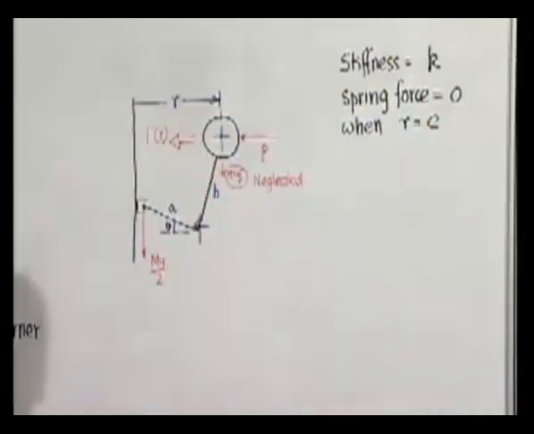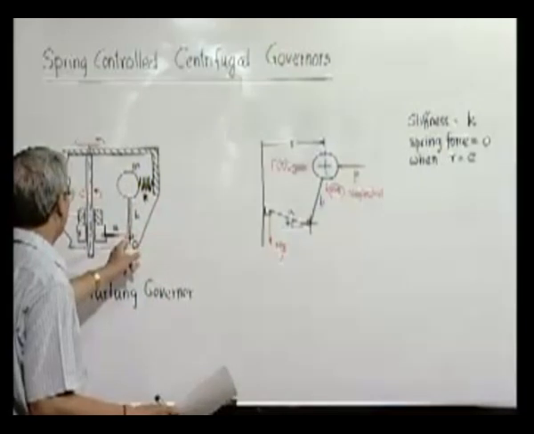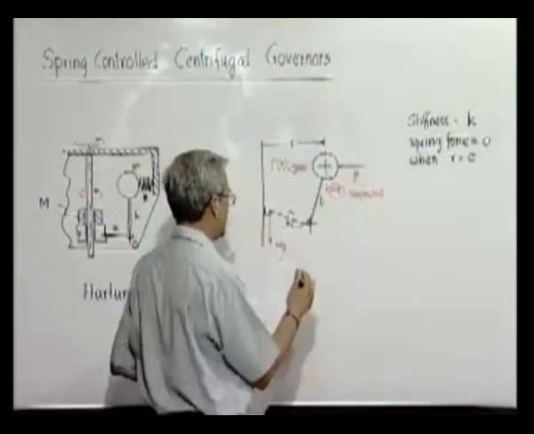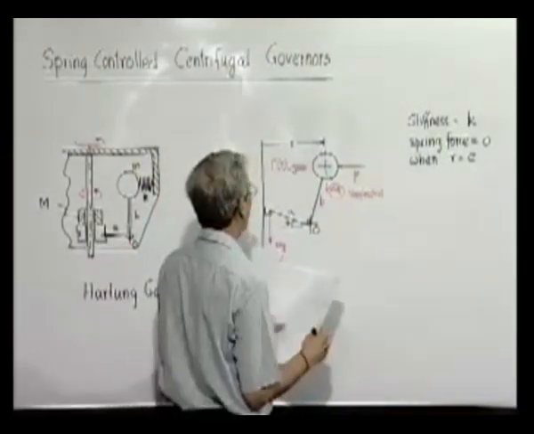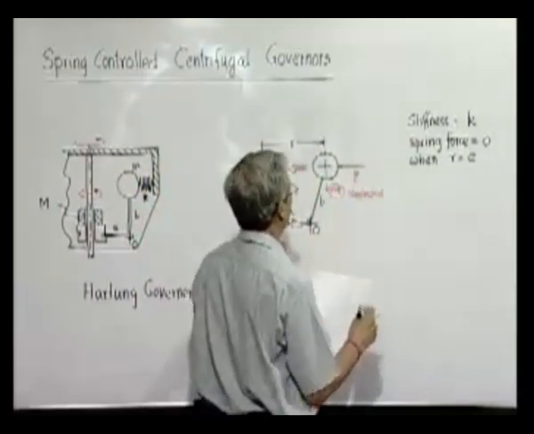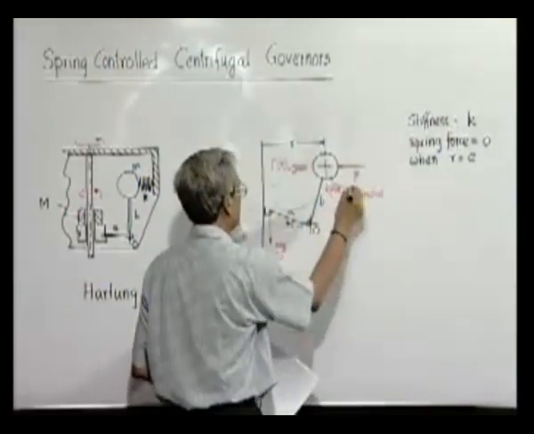That means its natural length is such, and the fitting or the location of this hinge, etc., are so that when r is equal to c, then the spring force is 0.